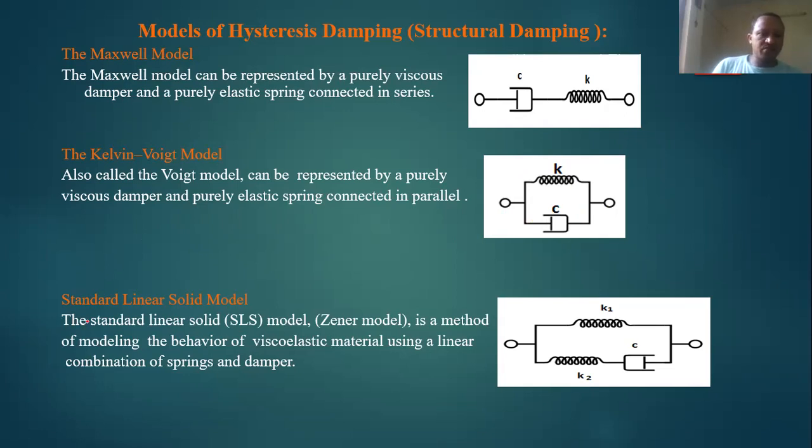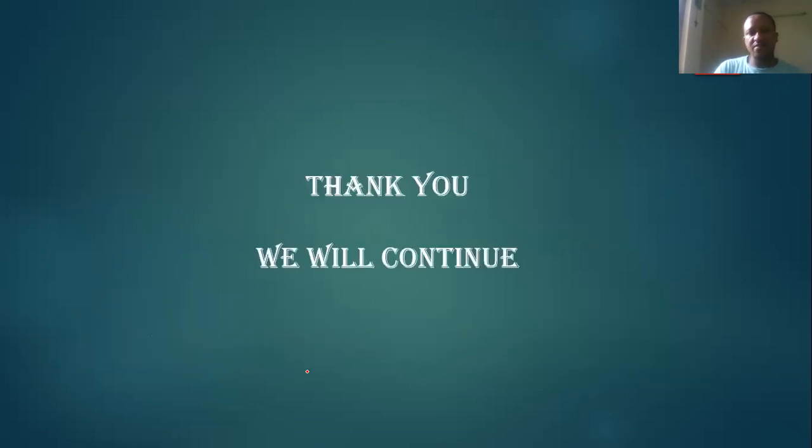And then the standard linear solid model, which we call the Zener model, has K1 and K2 in parallel and K2 with C in series. So it is a series-parallel combination. These are some of the models of hysteretic damping.